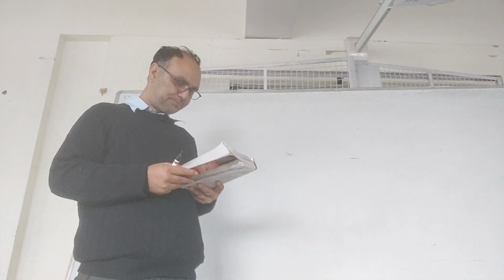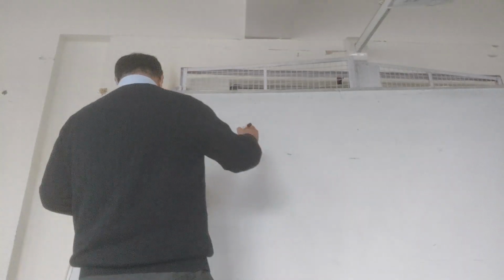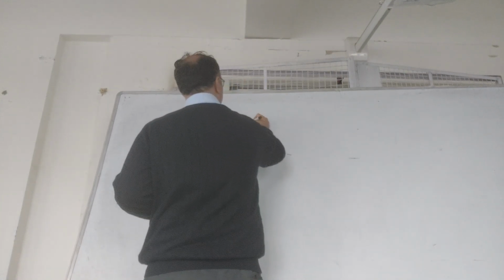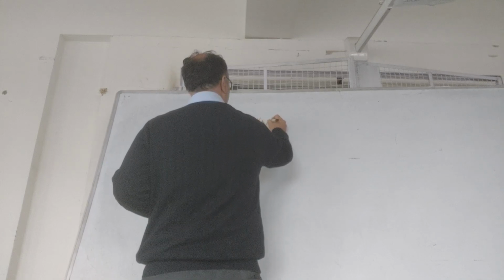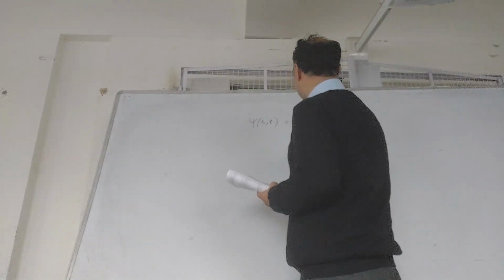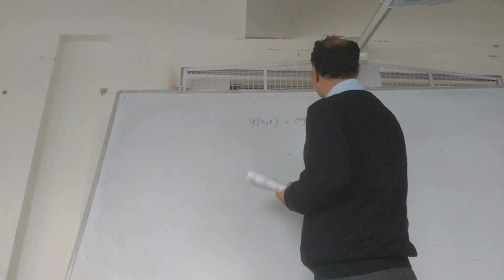For example, the state of the particle is represented by psi, which is represented by exponential of minus iota h.